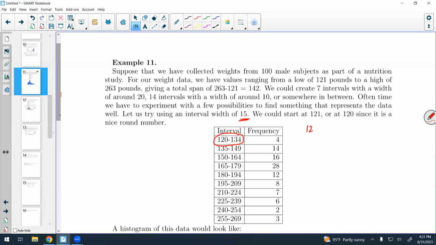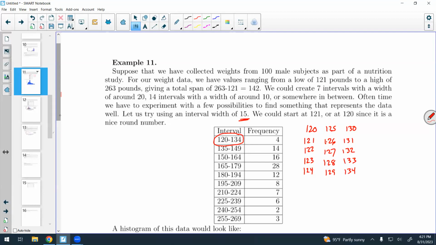That interval contains 120, 121, 122, 123, 124, 125, 126, 127, 128, 129, 130, 131, 132, 133, and 134.